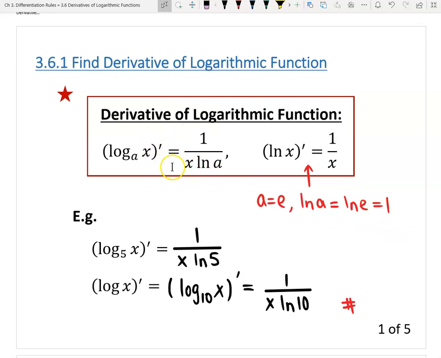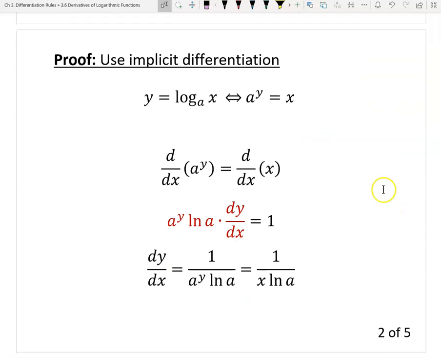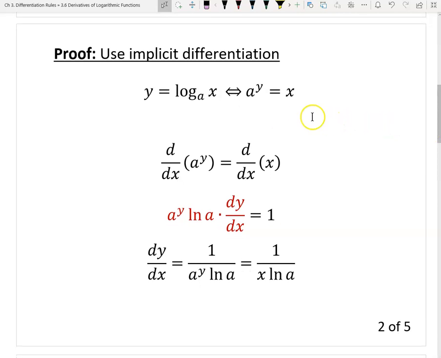Okay, we will not use the limit definition of the derivative. That's too complicated. What we are going to do, can you see? We will use the implicit differentiation we just learned in the last topic. Okay, this is a very, very important tool for us.